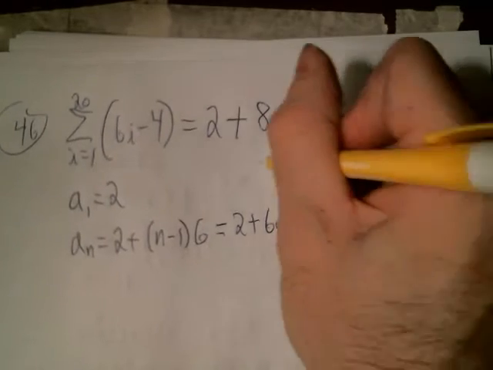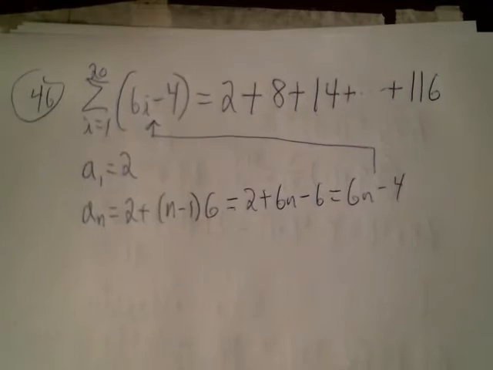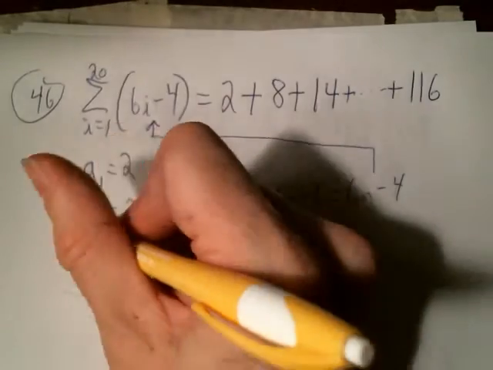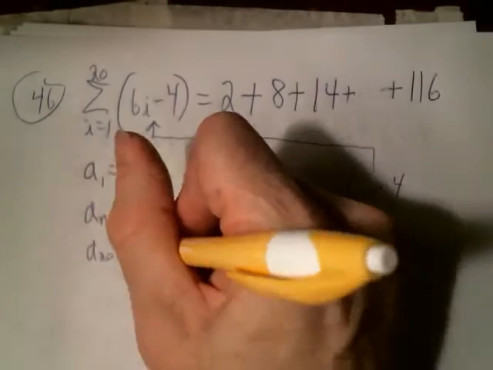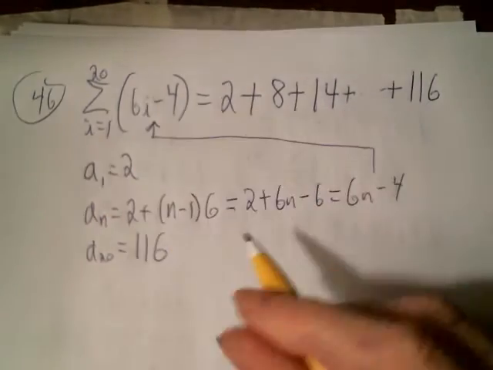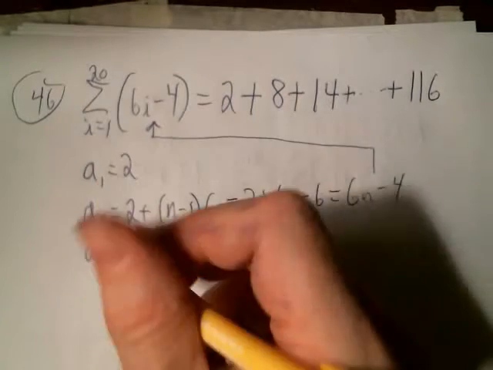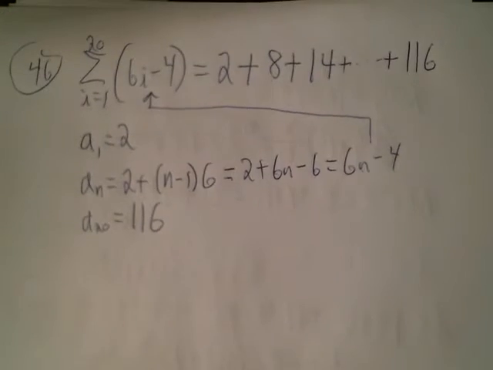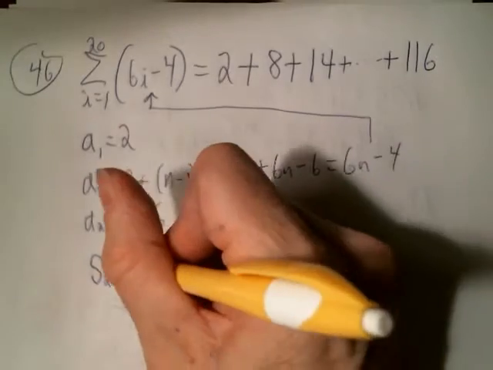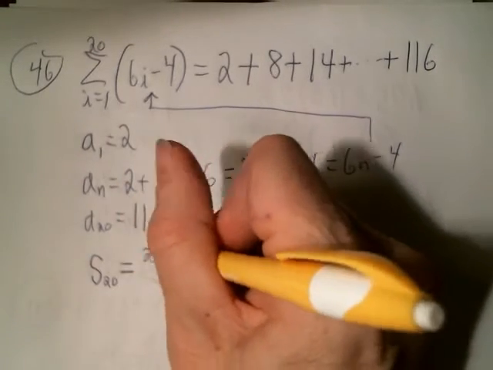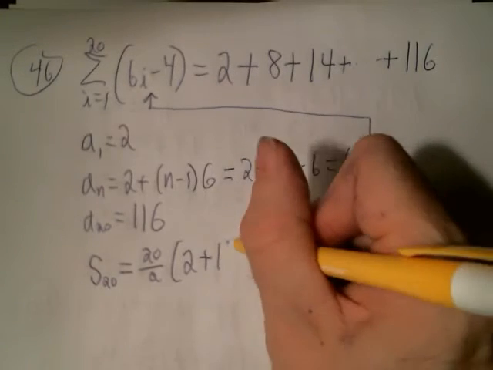And of course you see, oh yeah, that makes sense. Okay. So a sub 20, we already know that's 116. But if you wanted to, you can plug it in here. 120 minus 4 again, 116. So we're doing a bit of redundant work here. Then finally, the sum of those first 20 terms will be equal to 20 over 2 times 2 plus 116.